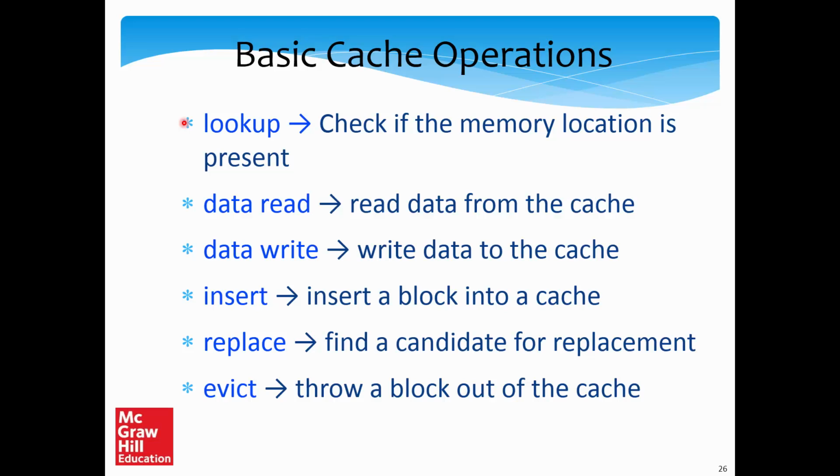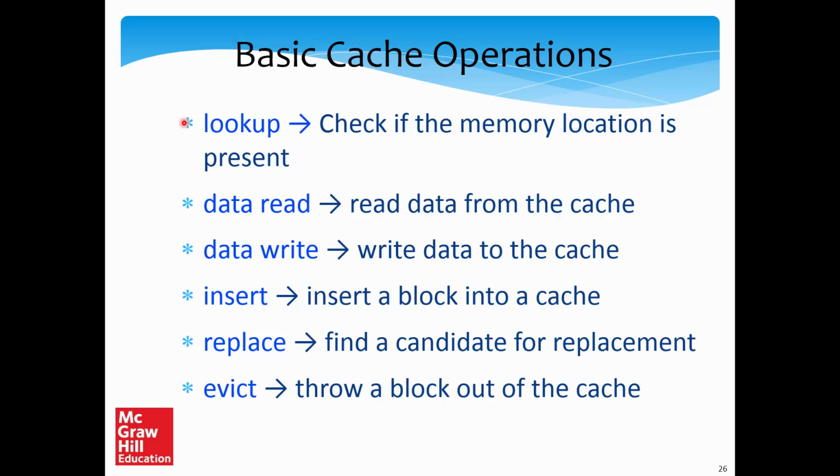That's the first thing that we check. If it's not present inside the cache, we declare a miss and we just move out. But if it is present inside the cache, then we can do several things. If it's a load, we can read data from the cache, so it's a data read operation. If it's a write, we can do a data write operation. We can write data to the cache and we'll be done.